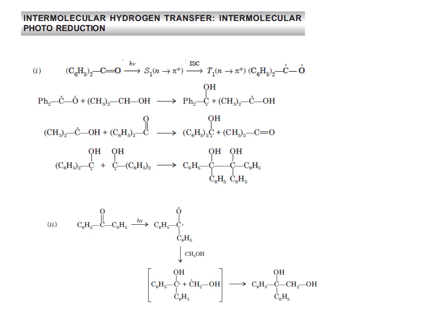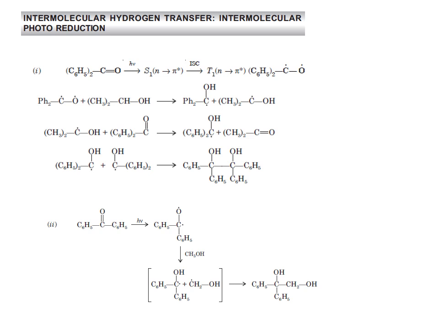Now this radical, generated from the alcohol, reacts with another molecule of ketone and produces this molecule, and the second hydrogen is transferred from the OH group to produce this carbonyl radical, and it is again converted to this ketone.